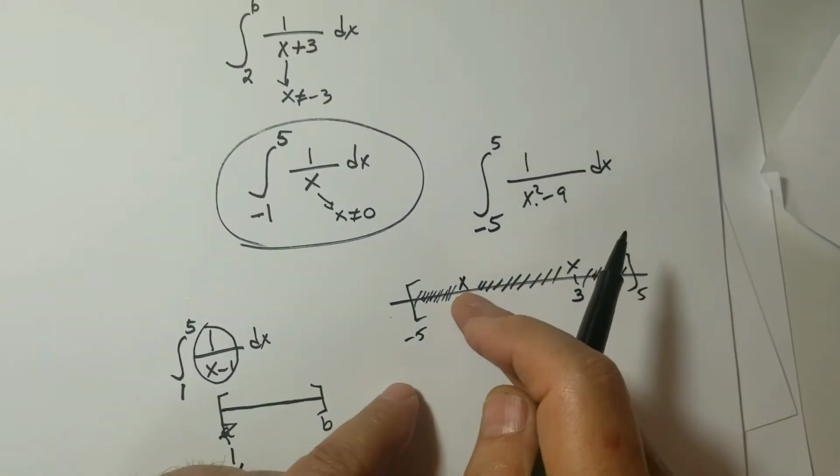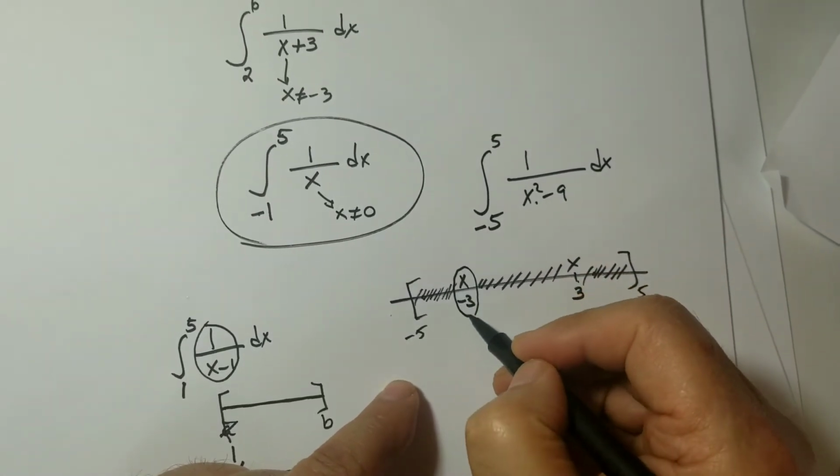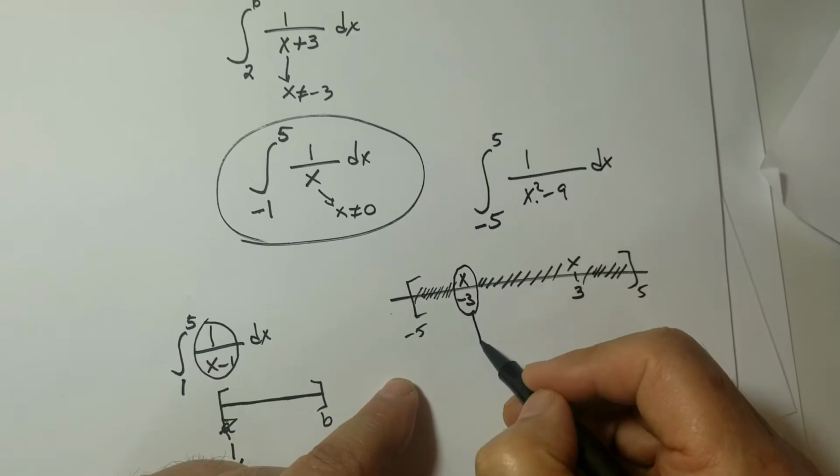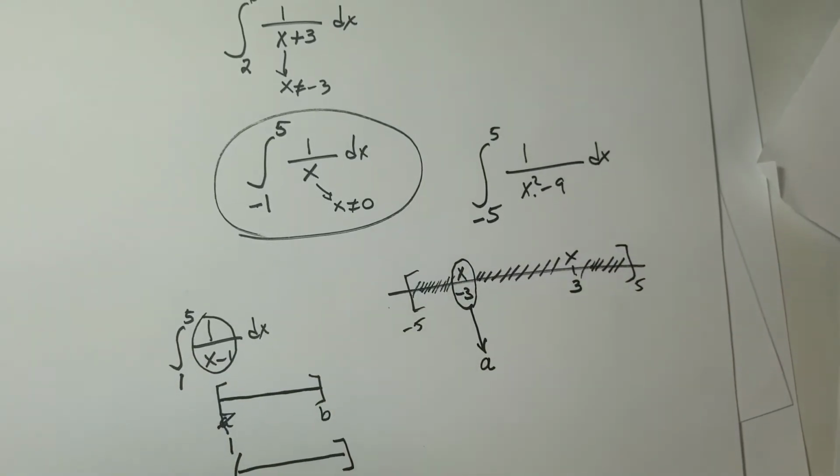Somebody said, how do you do this? The number that makes your bottom 0, you're going to assign it to a real number like a.